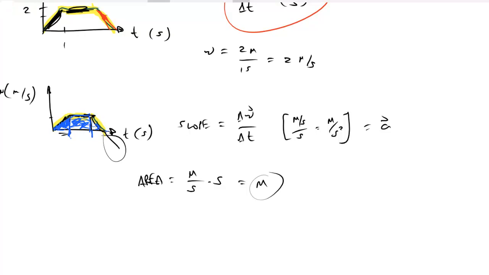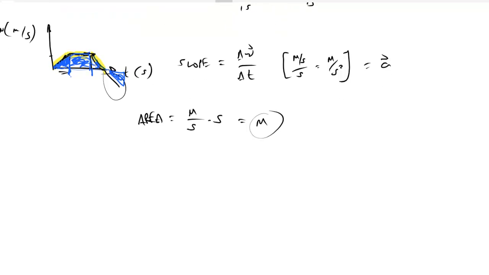Any area above the time axis would be a positive area. Down here, this would be considered a negative area, so it would be a negative displacement as it moves back towards the origin there. So the slope of velocity versus time is acceleration, and the area under a velocity versus time graph is the displacement.